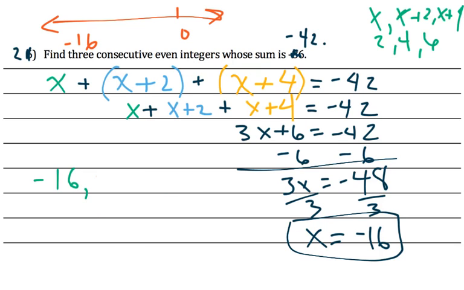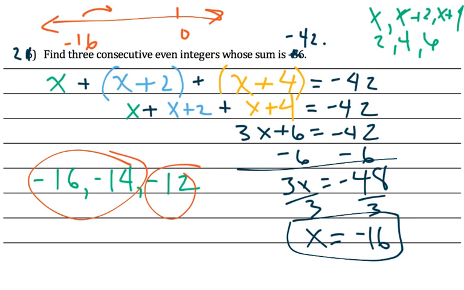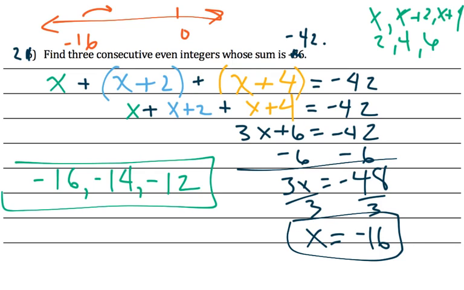So as you do these, don't forget, as you move from negative 16 to the right, you're actually getting closer to 0, so negative 14 and negative 12 would be those consecutive integers. When I combine these, I see negative 30 minus 12 is negative 42. So when I add all three of those numbers up, they check out, and those give me the 3 consecutive even integers.